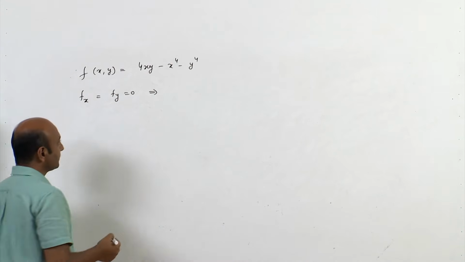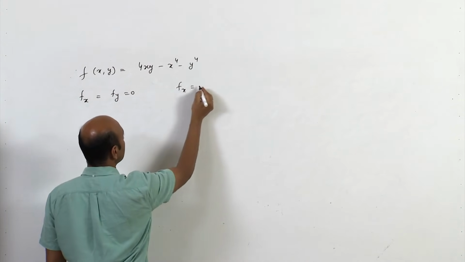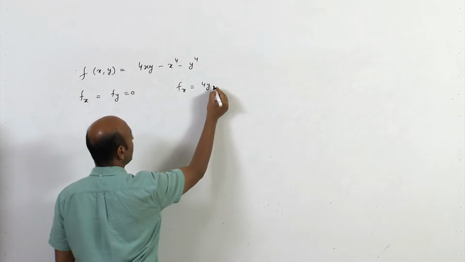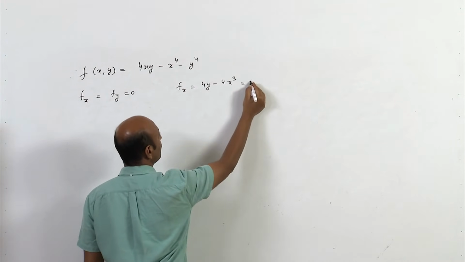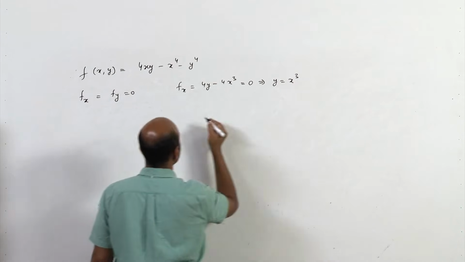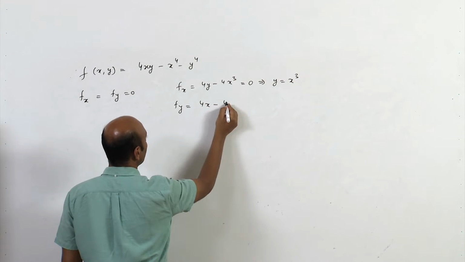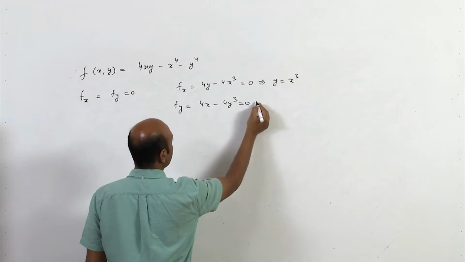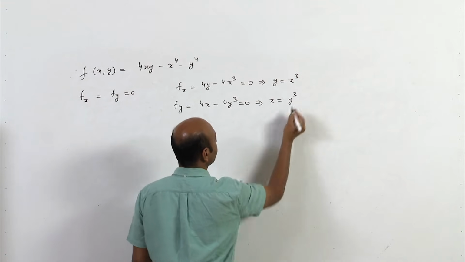First you find fx. It is 4y minus 4x cubed, which is equal to 0, implies y equals x cubed. Now fy is 4x minus 4y cubed equal to 0, implies x equals y cubed.